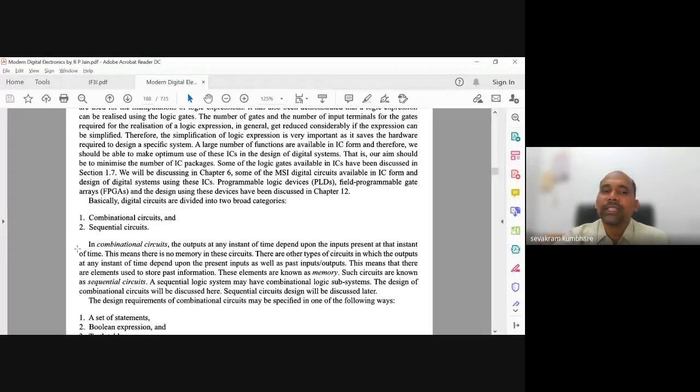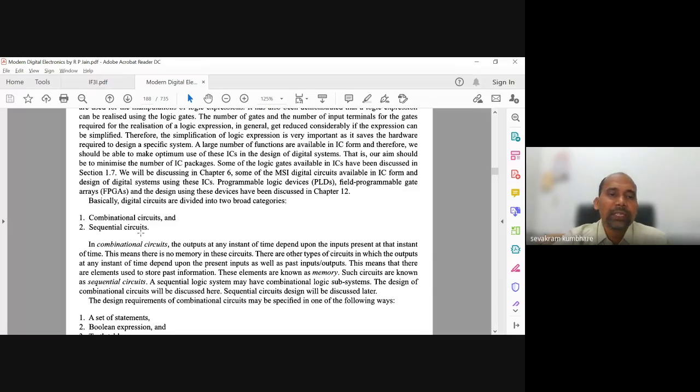So this is the basic difference between combinational circuit and sequential circuit. In a combinational circuit, the output at any instant of time depends on the input present at that instant. It means if I want to get the output right now, whatever inputs are applied currently, the output will be generated depending on that. Whereas in a sequential circuit, the output depends on the current input as well as past input.